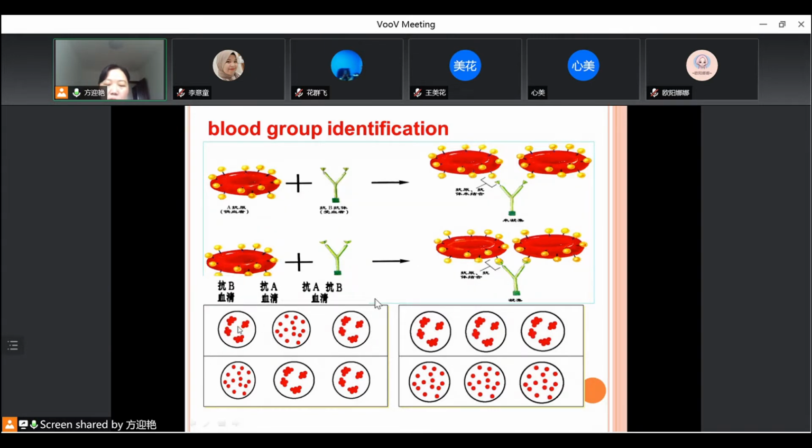According to this result, this one shows agglutination, this one has no agglutination, and this one also shows agglutination. Can you tell me which type of antigens are on the red blood cell?